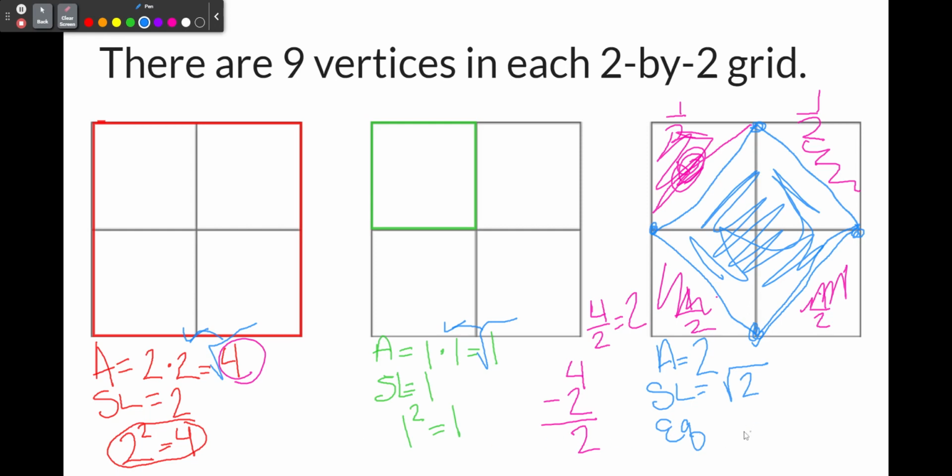But what we do know is that with our area being 2, the square root of 2 squared is going to be equal to 2. The reason that we're saying that is because when you square root something that is squared, these two cancel each other out. And so, of course, 2 is equal to 2. So that's how that works.